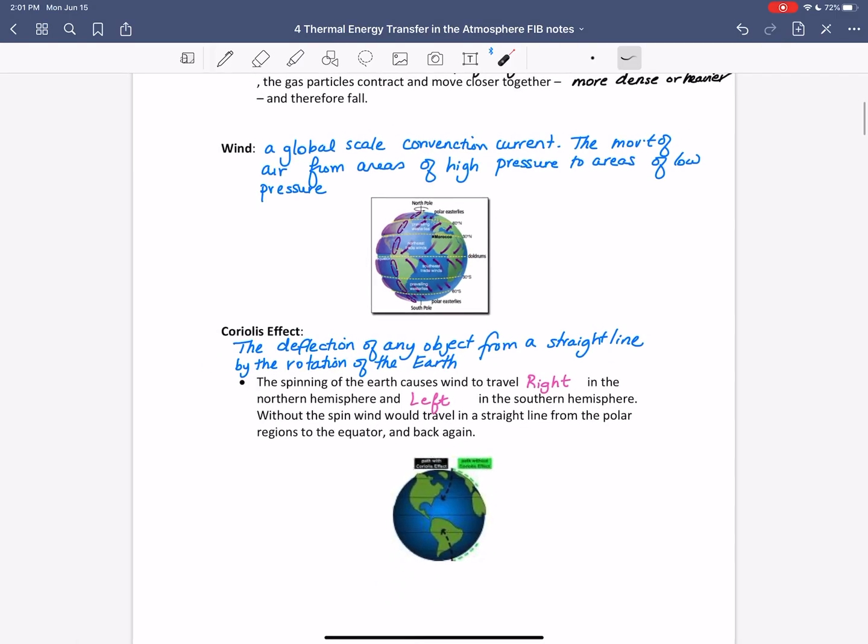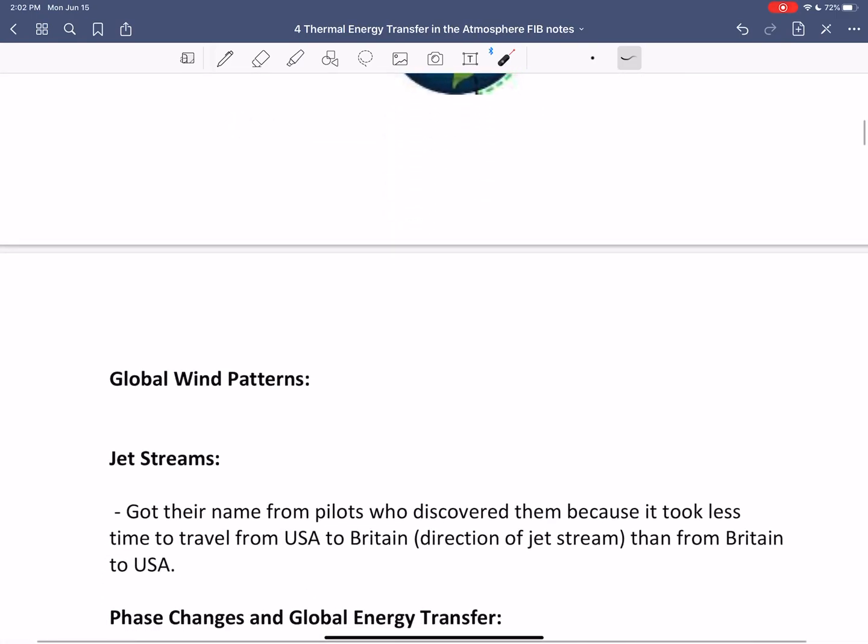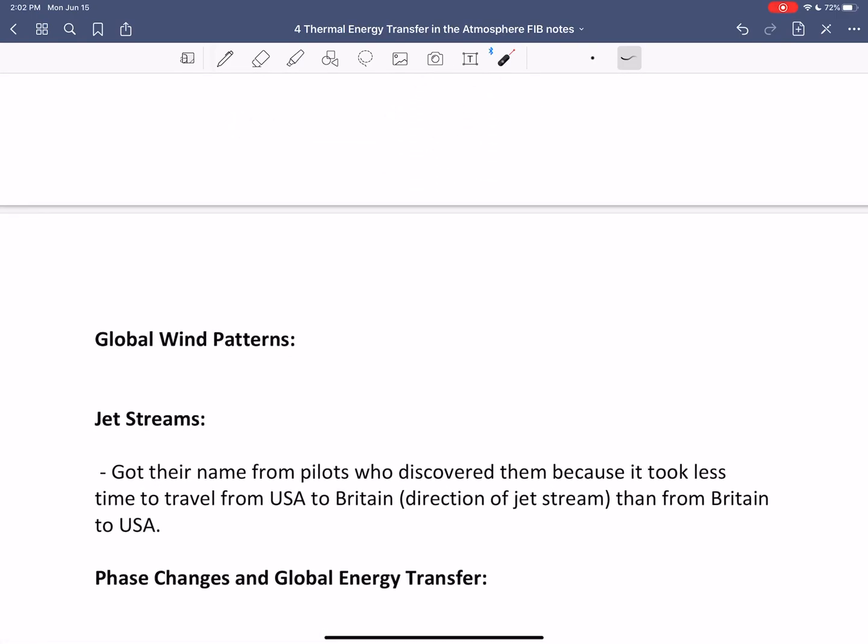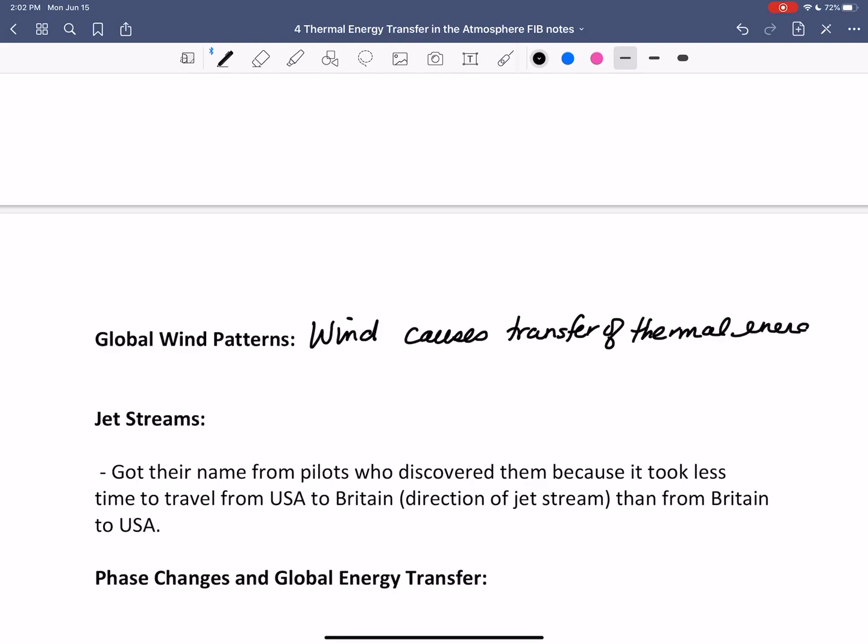Okay, so global wind patterns. Let's look at the global wind patterns. So what's going to happen is that these currents, the wind, causes the transfer of thermal energy from warmer areas to cooler areas.